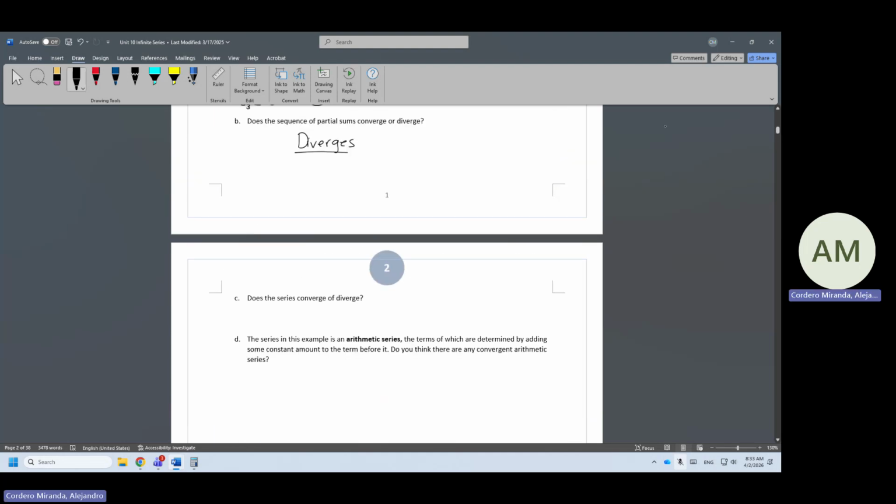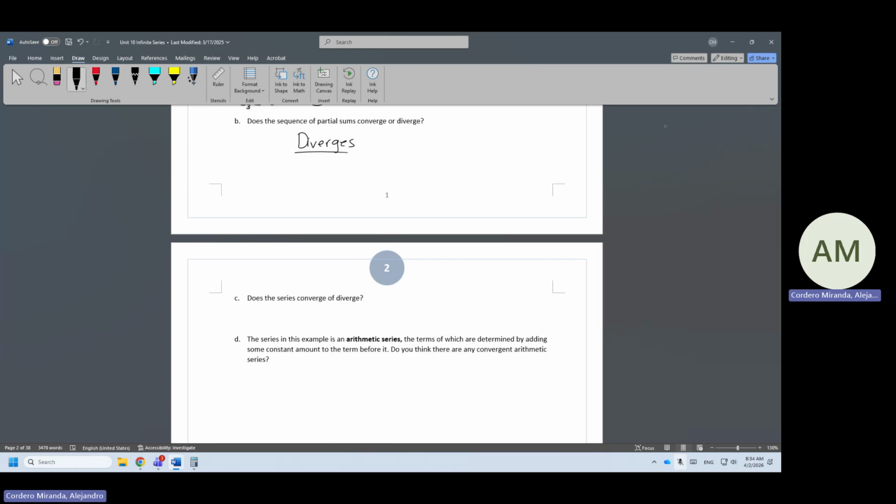Then part C, you're going to say, oh, there's a typo here, you asked the same thing twice. And I kind of did, but not really. It's a little subtle difference between part B and part C. Part B says, does the sequence of partial sums converge or diverge? It diverges. And so now, because this diverges, you can answer whether the whole sum as a whole, the one that goes from 0 to infinity, converges or diverges.